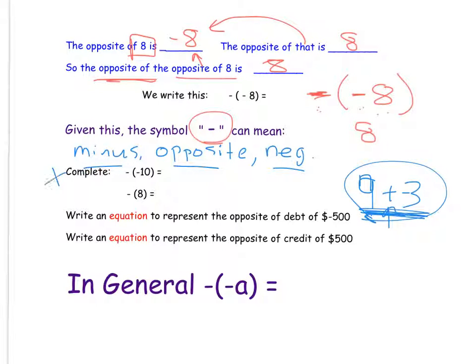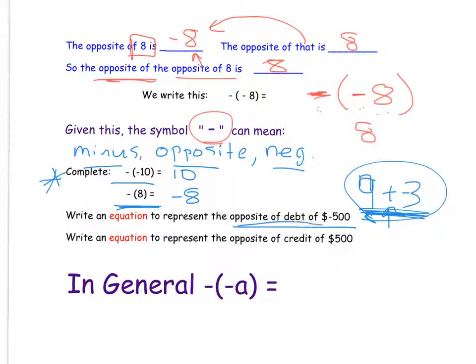So let's complete some problems. The opposite of -10 is 10, whereas the opposite of 8 is -8. Some of what you're going to have to do on your assignment is this: write an equation to represent the opposite of a debt of 500.